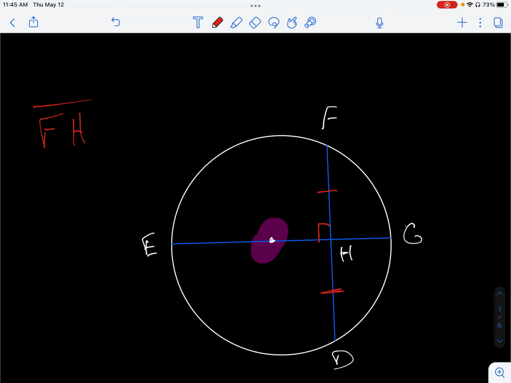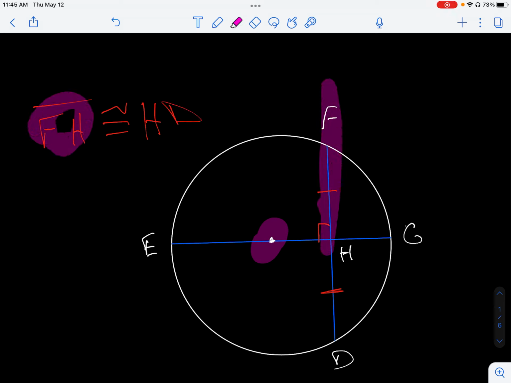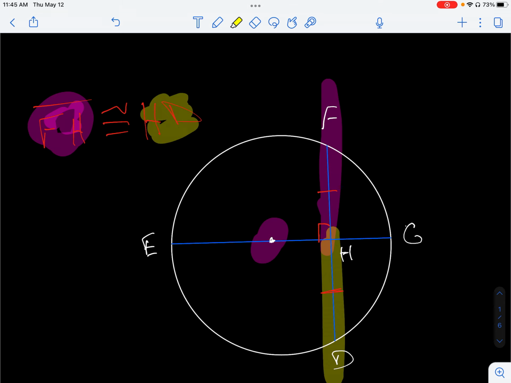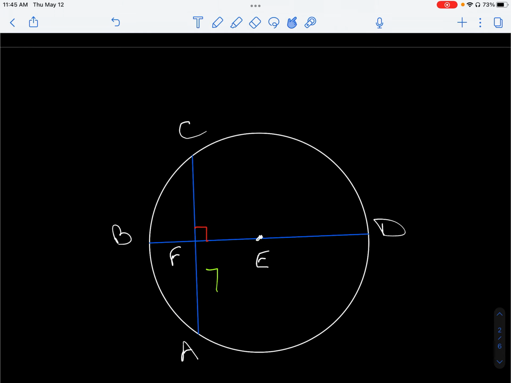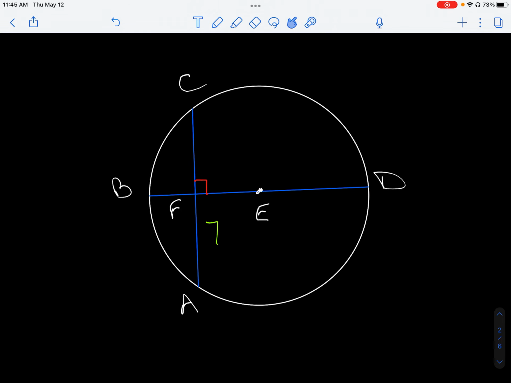So FH is going to be congruent to HD, because we know that EG is indeed a diameter.